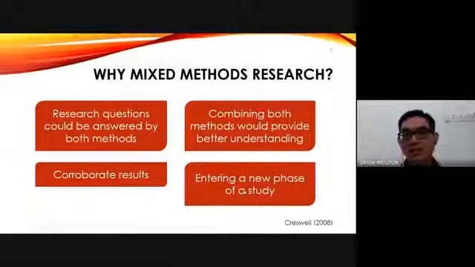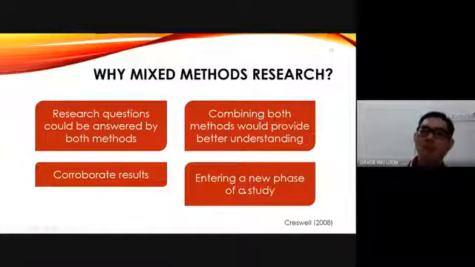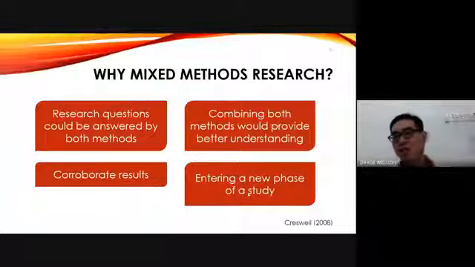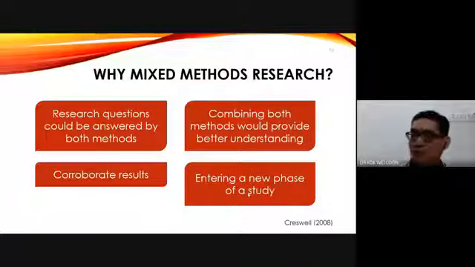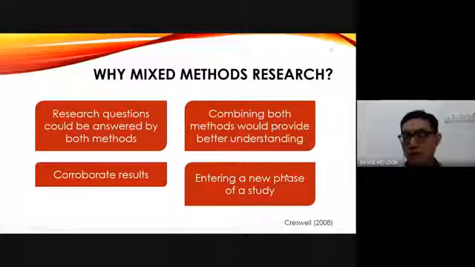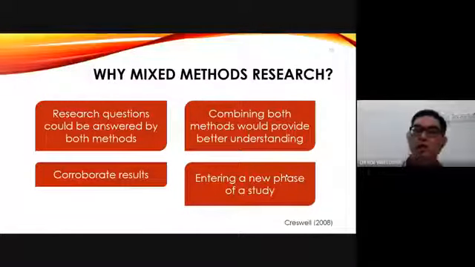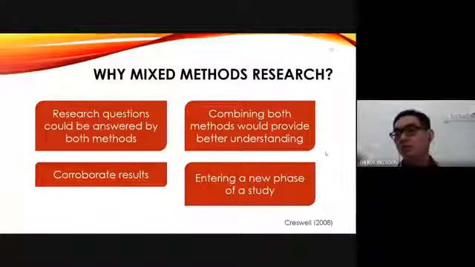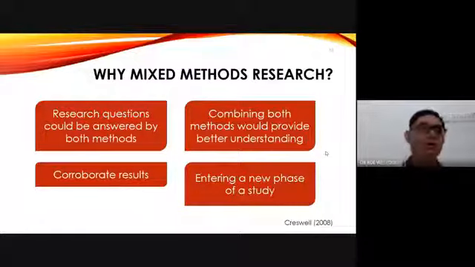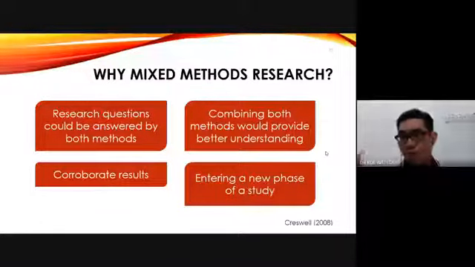Another reason for conducting mixed method research is because you want to enter a new phase of a study. Currently I'm in a research project with researchers from other universities. We are trying to develop a set of questionnaire.